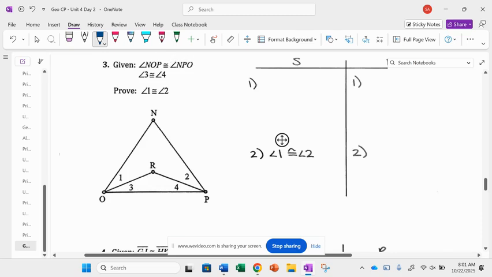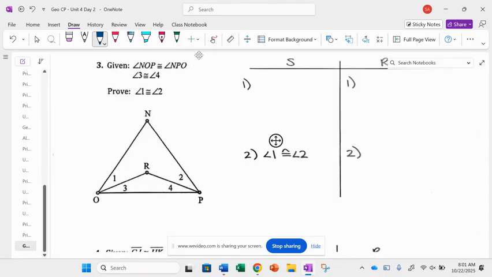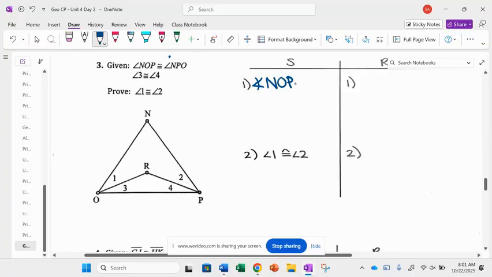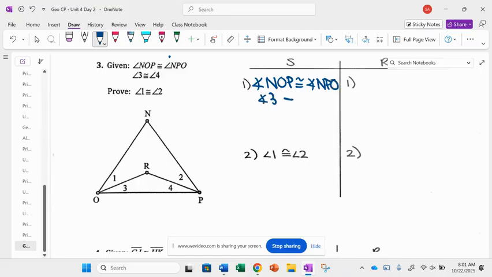Angle NOP. So let's write this out in our proof. Our given information, we're writing it out. Angle NOP is congruent to angle NPO, and angle 3 is congruent to angle 4.